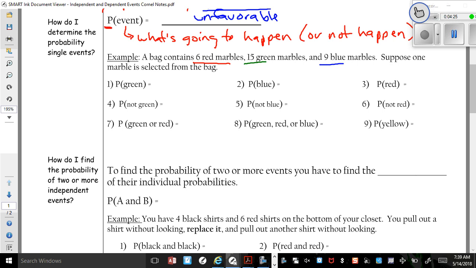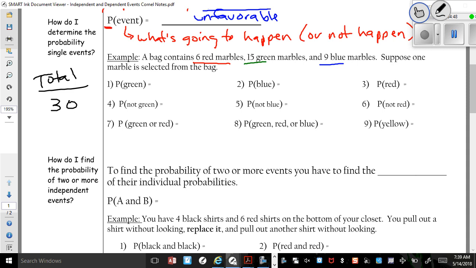So the first thing I would suggest is finding the total. In this particular case, it would be 6 plus 15 plus 9. 30. So 30 total marbles in the bag.